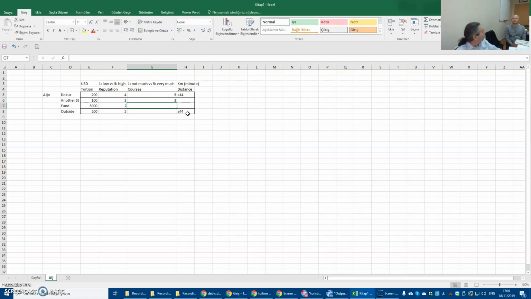So, Fund University, similar. They're not offering too much elective courses, we know that, okay? And outside university, near to us, but not exactly the same, okay? Highly reputed, but not offering too much elective courses, we know that, okay? So, it's 3 or 4.